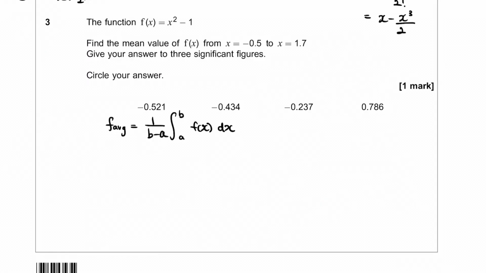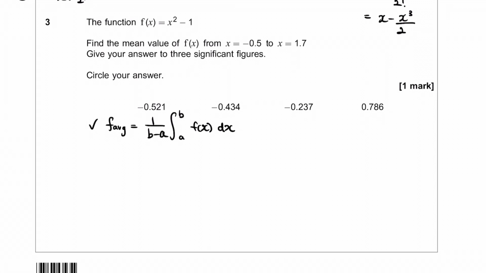Question 3. This question is asking you the mean value of the function from x equals -0.5 to x equals 1.7. In order to solve this question, you have to memorize this formula, where the mean value of a certain function is 1 over b minus a times the integral from a to b of the function given.